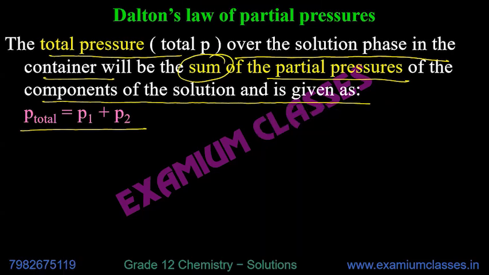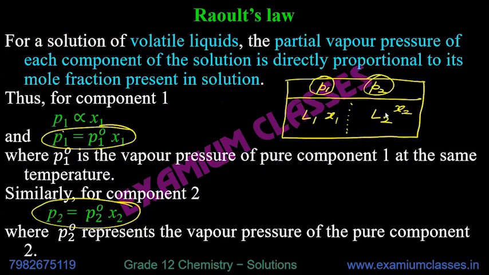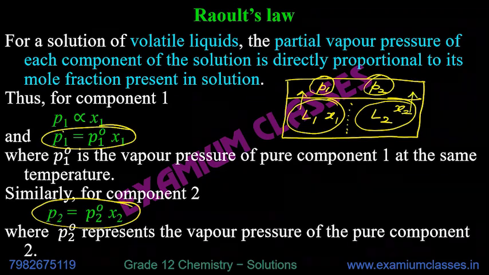What Dalton said is that when we add all partial pressures, that will result in the total pressure. And what you have seen is that if we have, say, water and alcohol mixed together, water will get vaporized, alcohol will get vaporized, and water produces pressure P1 and alcohol produces pressure P2. So it means total pressure will be P1 plus P2.